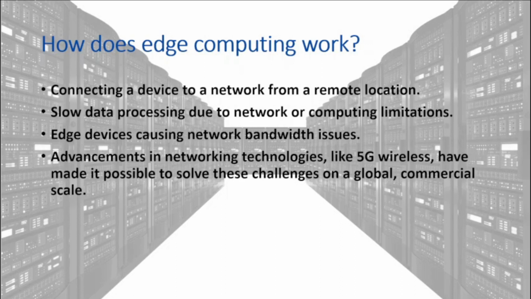5G networks can handle vast amounts of data going to and from devices and data centers in real time. There is even a wireless network that uses cryptocurrency to encourage users to extend coverage to harder-to-reach areas. But advances in wireless technology are only part of the solution for making edge computing work at scale.